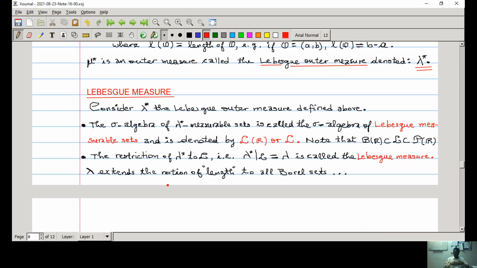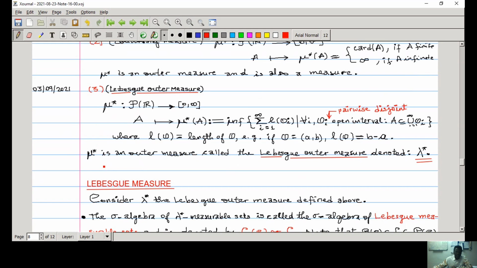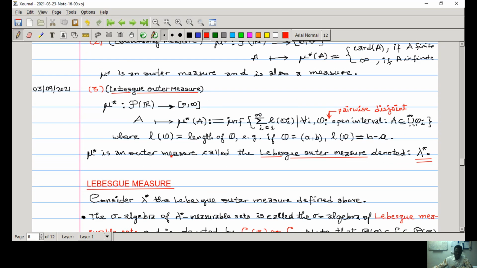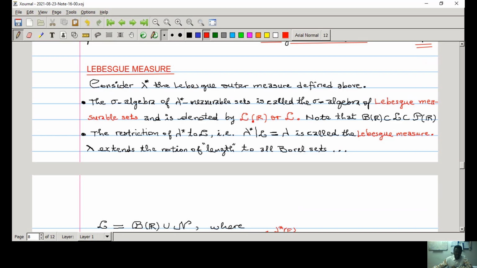So the Lebesgue measure is just the restriction of the Lebesgue outer measure to the sigma algebra of Lebesgue measurable sets. And that one, instead of denoting it as we did here by M lambda star, we'll just call it calligraphic L this way, L of R or just L. So in textbooks or in the literature, that's how you see it.